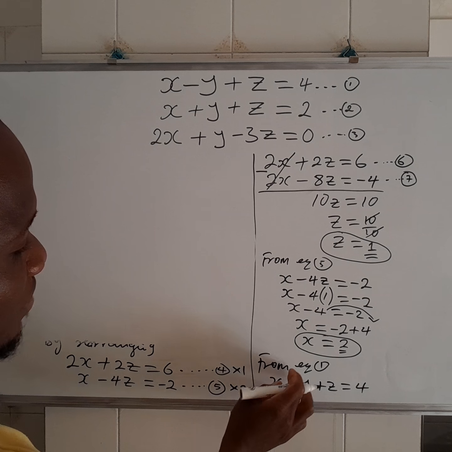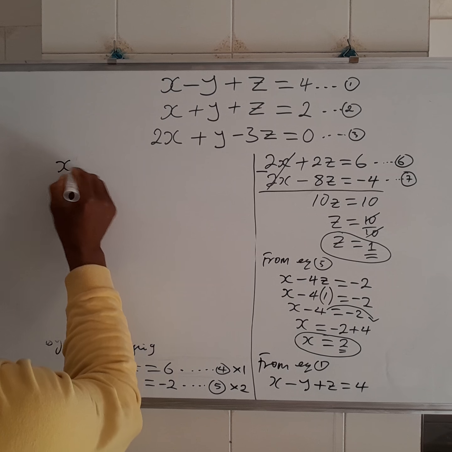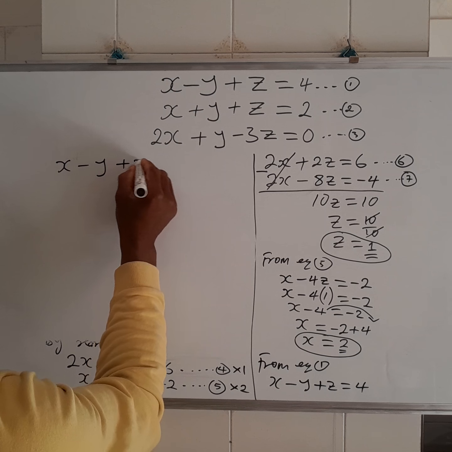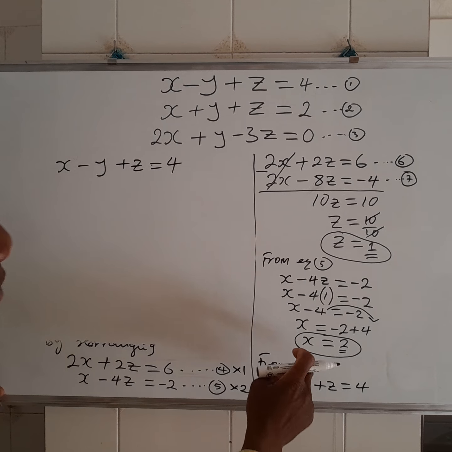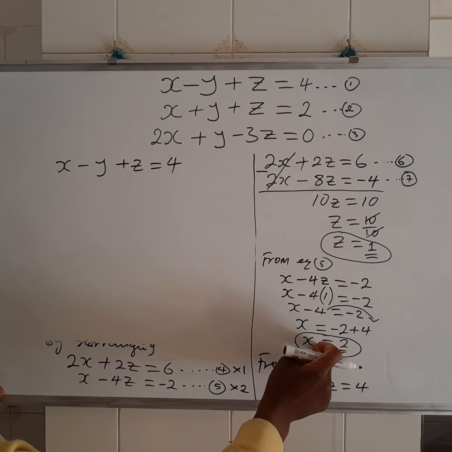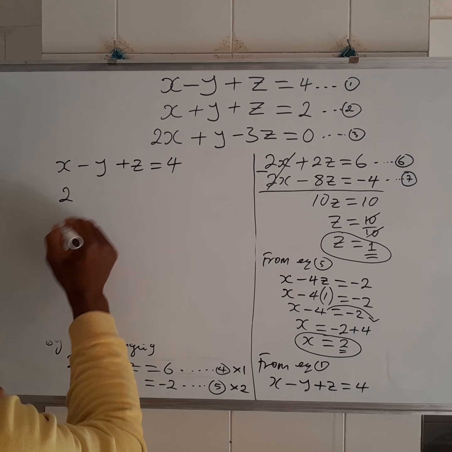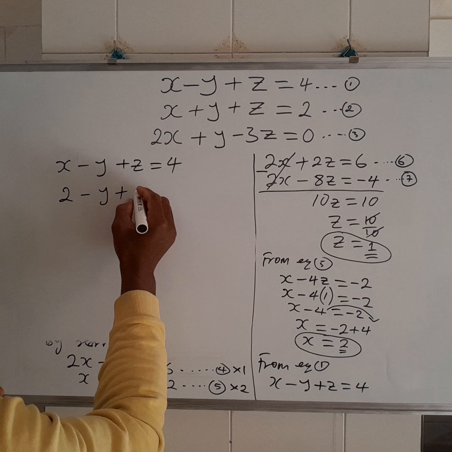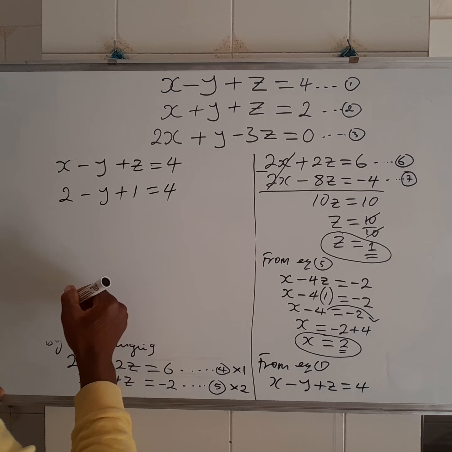So this is equation 1, the original equation. Let us repeat it here. x minus y plus z equals 4. So we put in the values of x and z. x is 2, minus y plus z is 1, equals 4.